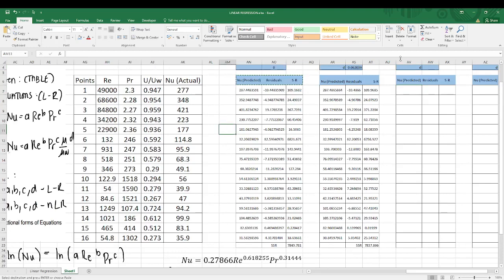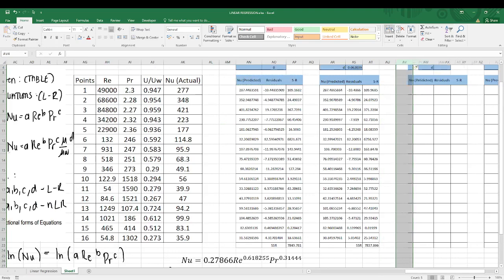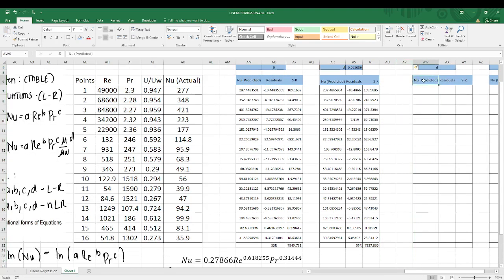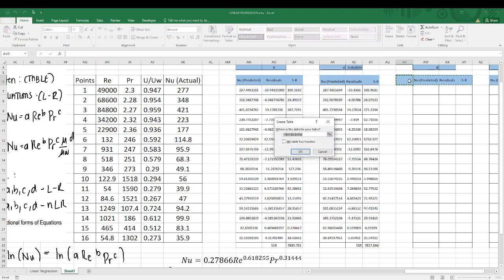So I will be adding the ln of Nu so that we could take the residuals. So this should be the ln of the actual.